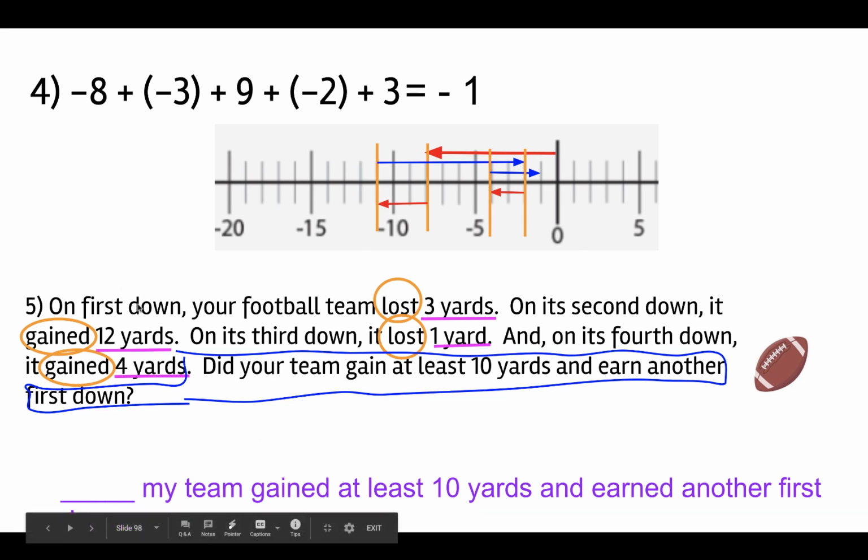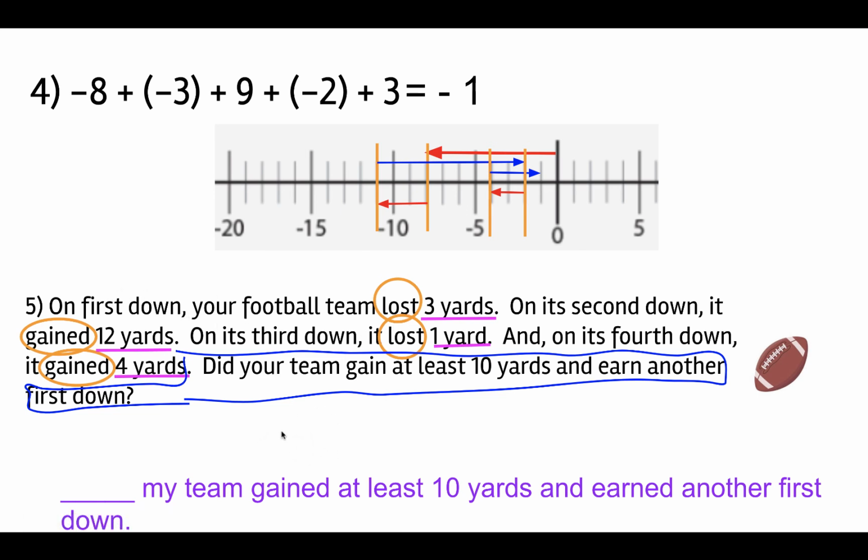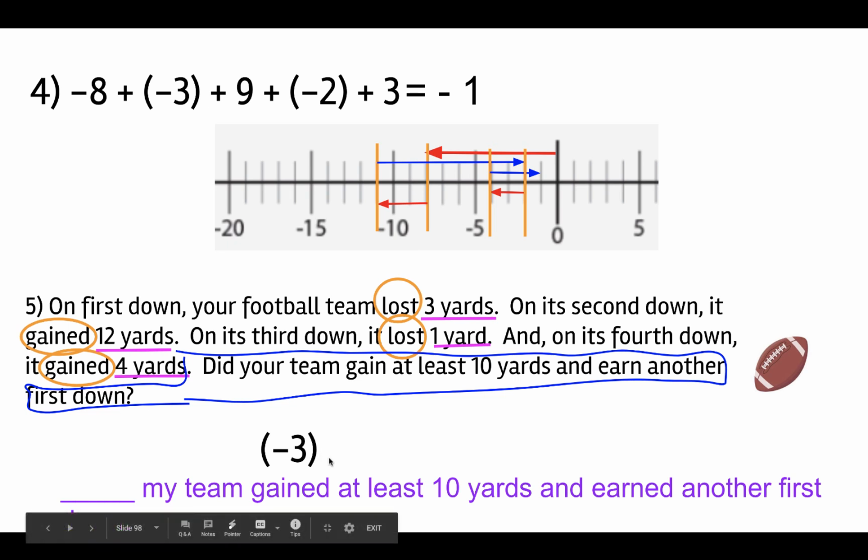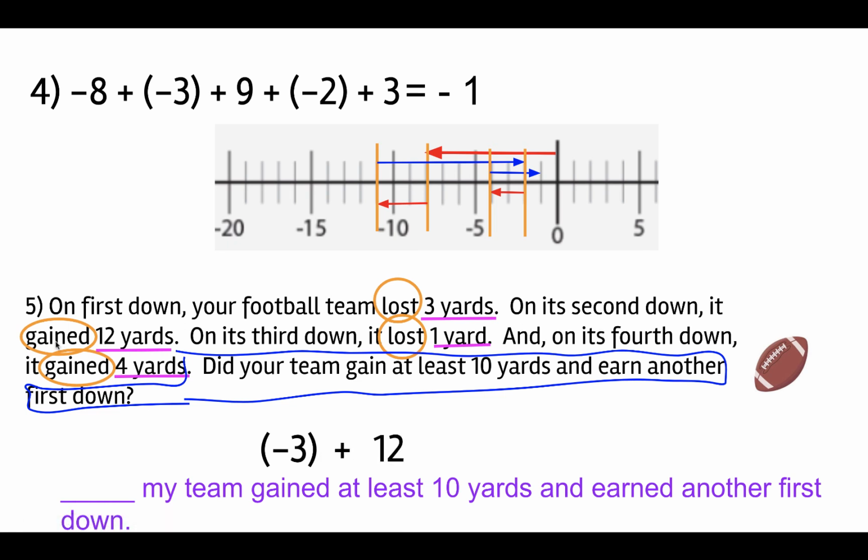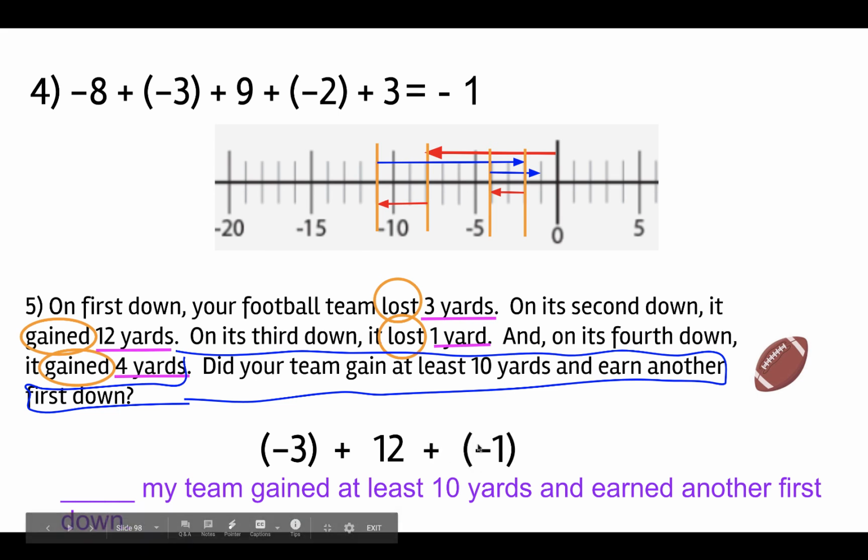So this first part, on the first down, your football team lost 3 yards. That's a -3. Plus, because I'm creating an addition problem, +12, because it gained. That's a +12. Plus, it lost 1 yard. What would that be? A -1. I lost a yard. And on its fourth down, I gained 4 yards. So plus a +4.